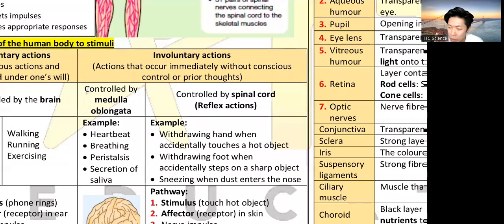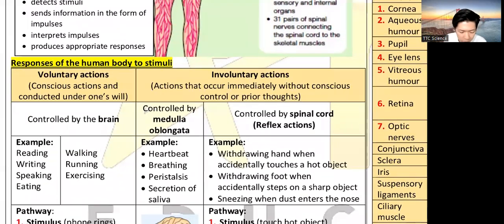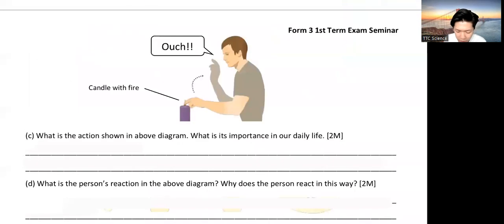So you'll be wondering, should I go for involuntary action or should I go for reflex? Now, I suggest we follow as specific as the diagram given. The diagram shows you touching something hot and the hand moving away, so I think it's better to write reflex action.